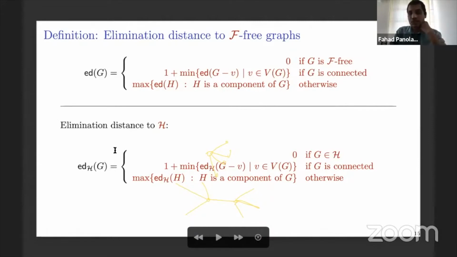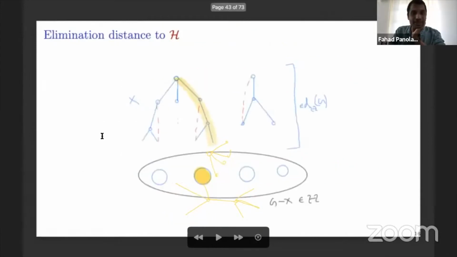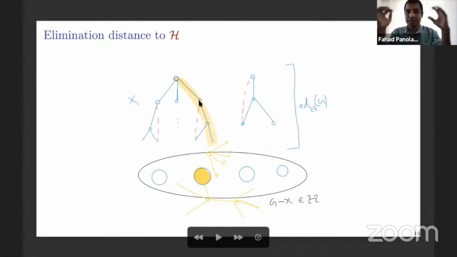Now pictorially you can see it as follows, and this was introduced by Bulian and Dawar in 2016. There is a forest on the top, and the nodes of this forest are vertices from my graph G. After deleting the vertices in this forest, X, there will be lots of connected components.